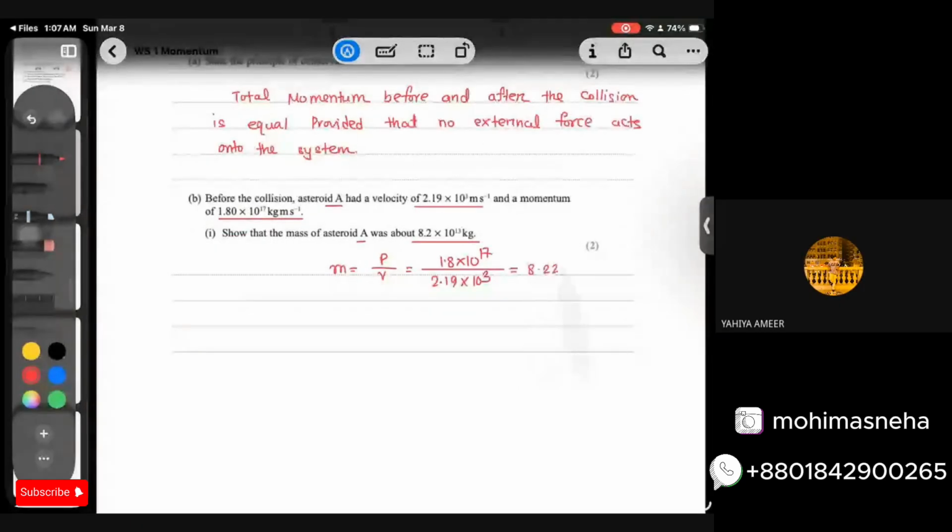Yes, teacher. So we'll write 8.22 times 10 to the power of 13 kg.